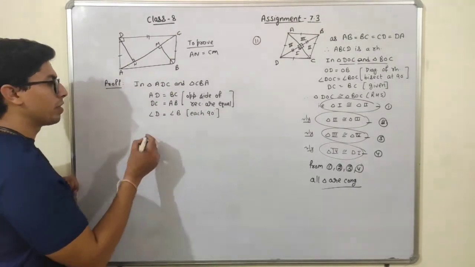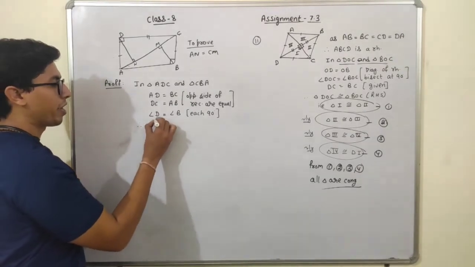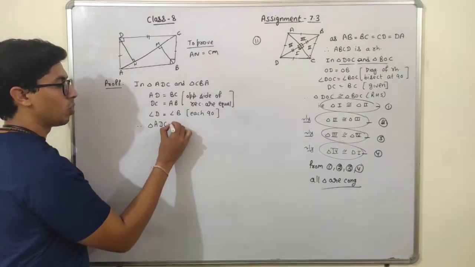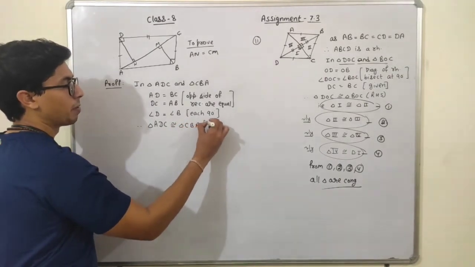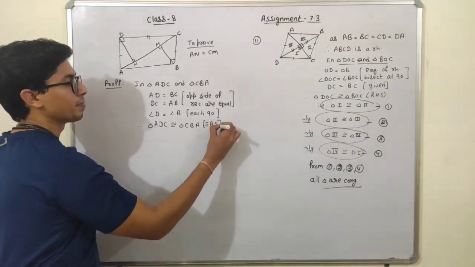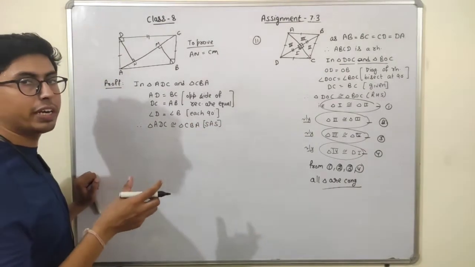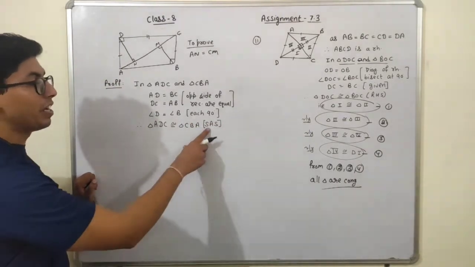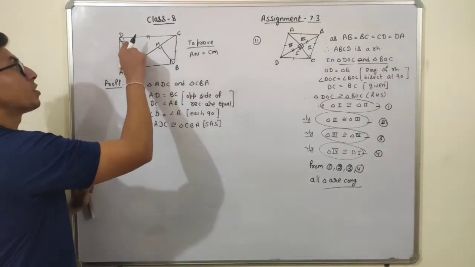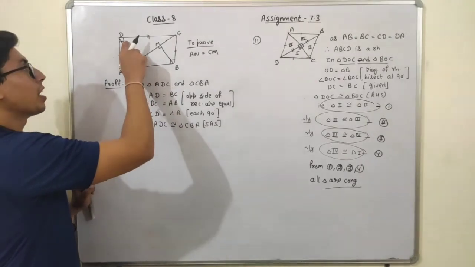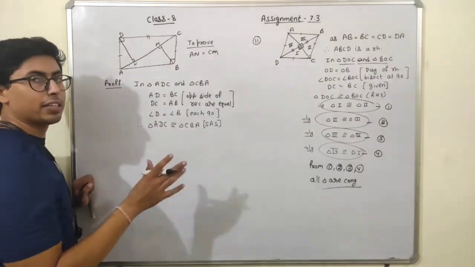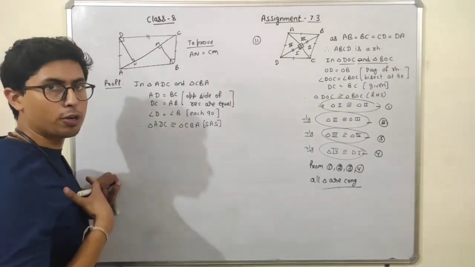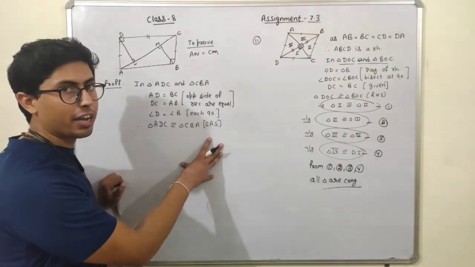I can use any of them. So triangle ADC is congruent to triangle CBA by SAS property, because the two sides and the angle are there. I haven't written RHS because I used this angle and the side opposite would be AC, and I haven't used AC. That means I haven't used the hypotenuse, so I can't say the RHS property.